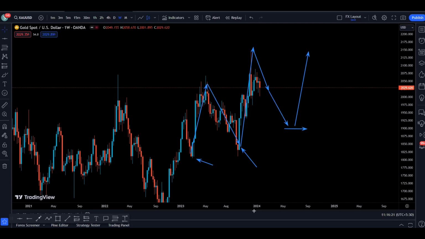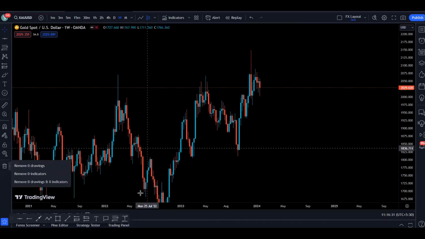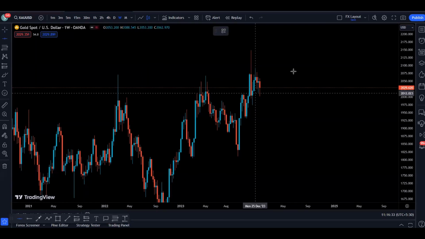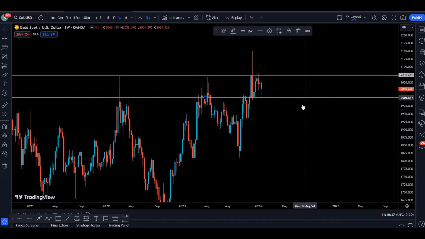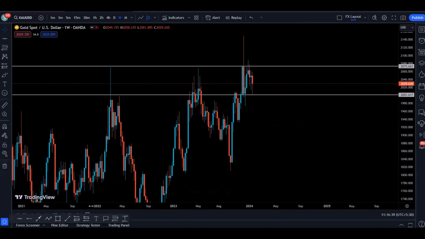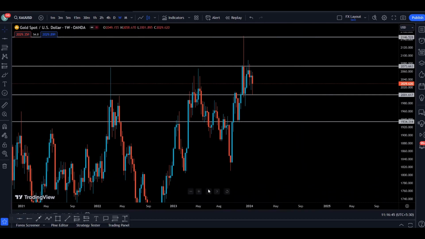If we draw our support and resistance, we can see we have this resistance and we have this support, right? The next support is right here, and the next resistance is right there.